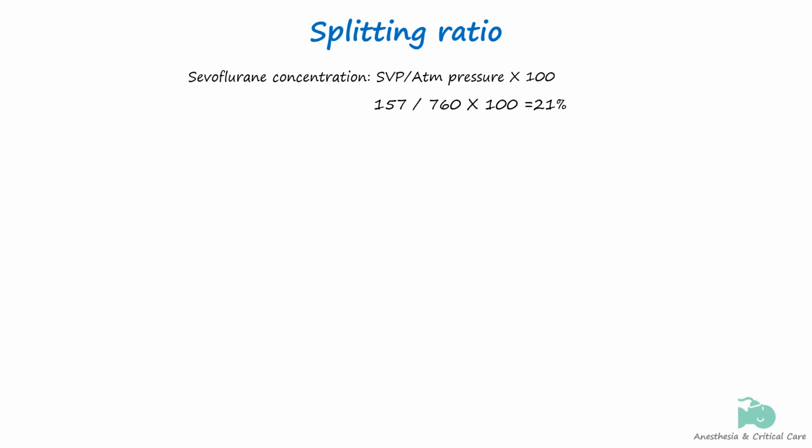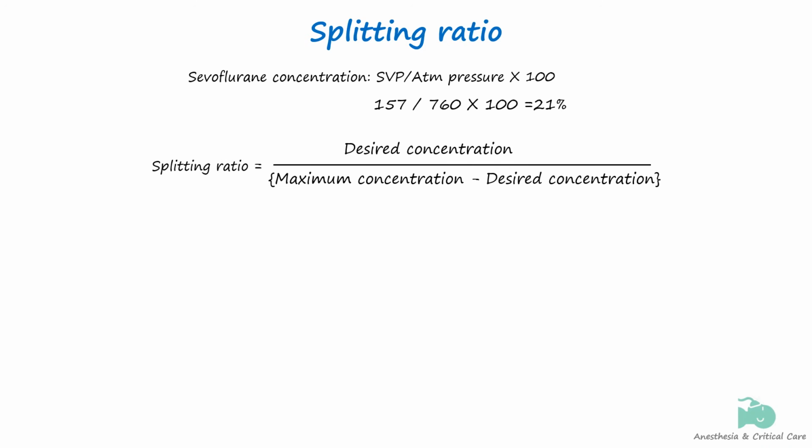To achieve a 2% concentration of sevoflurane, the splitting ratio can be calculated using the formula. Plugging in the values, we get the splitting ratio of 0.11. This means that approximately 11% of the fresh gas flow will pass through the vaporizing chamber to pick up sevoflurane, while the remaining 89% will bypass it.